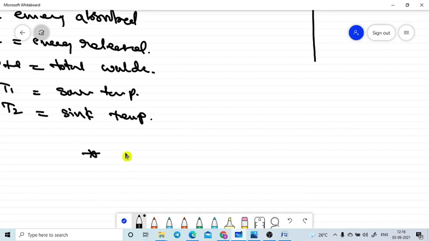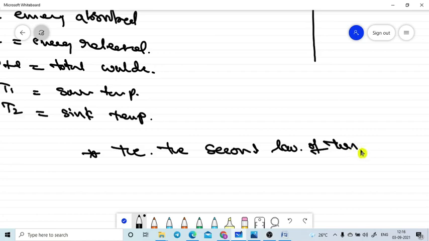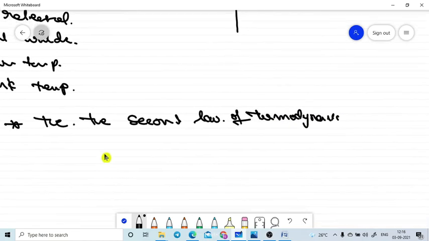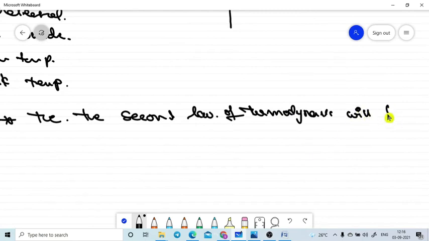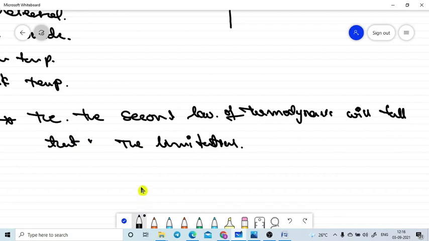So it will tell the limitations of the efficiency of the heat engine and the coefficient of performance of the refrigerator. The second law of thermodynamics will tell the two types of limitation.